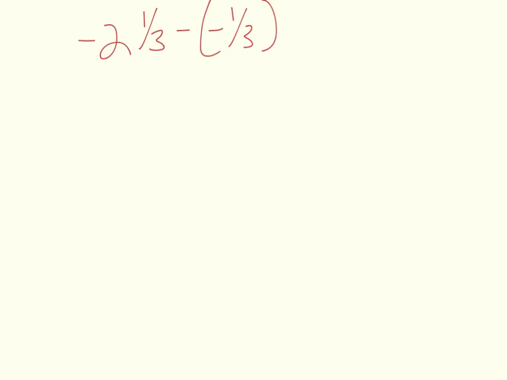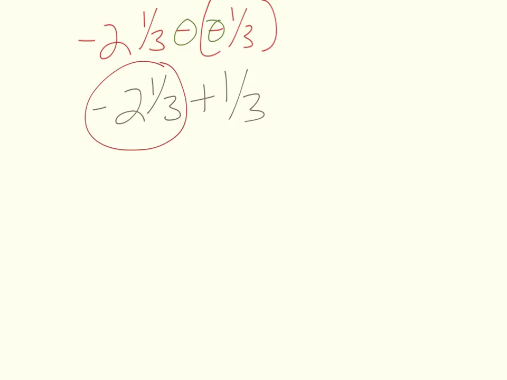So the subtraction of negative 1/3 would be the same as writing this problem as negative 2 1/3 plus 1/3. Because we have one mixed number and one fraction, we want to make both of these numbers a fraction, even if an improper fraction is used.